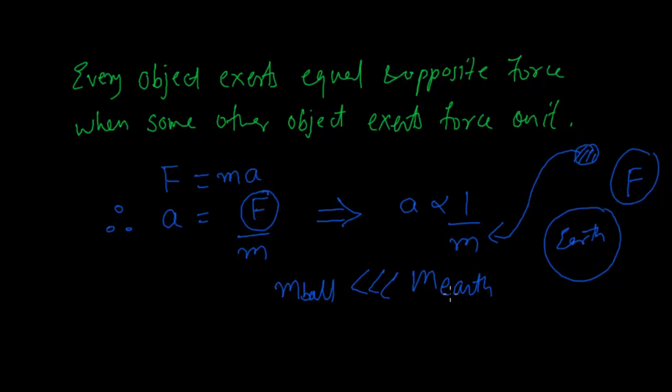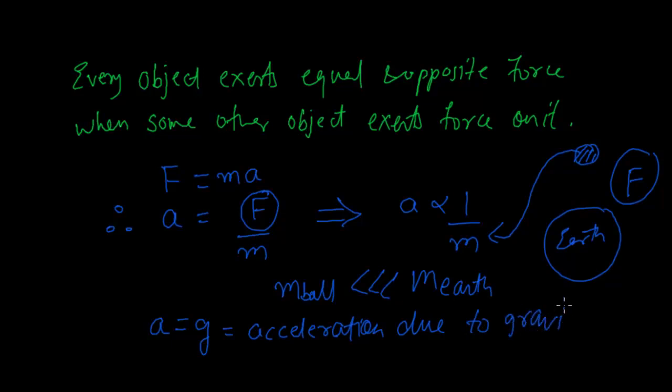But yes, as the mass of Earth is very big, we can see the effect of force F on this ball, and so we denote this acceleration a by g, which is acceleration due to gravity. g is equal to 9.8 meter per second square.